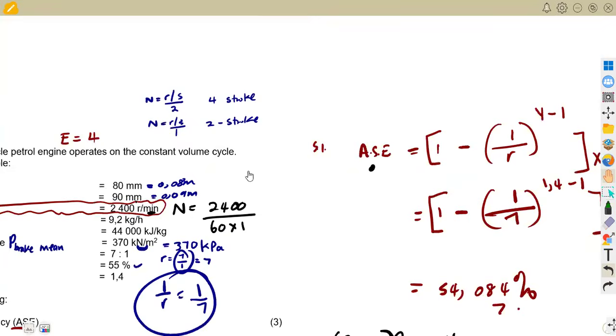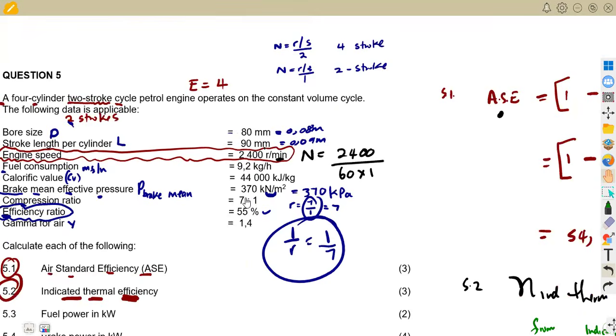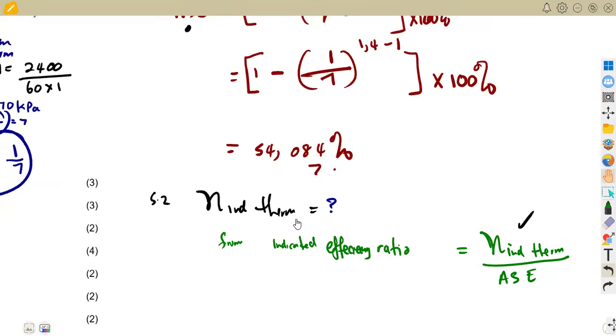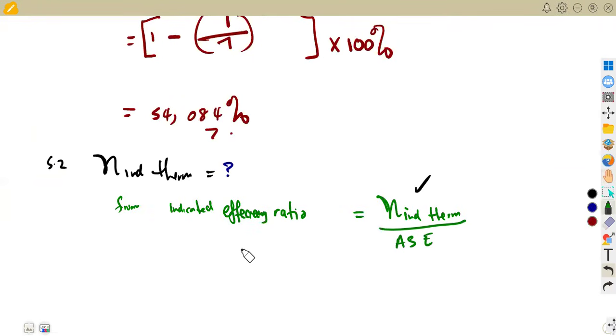So you're just going to insert our values. That is 55%, our efficiency ratio. So in order to remove the decimal, I'm just going to divide by 100. So it will be 0.55 is equal to the indicated thermal efficiency.